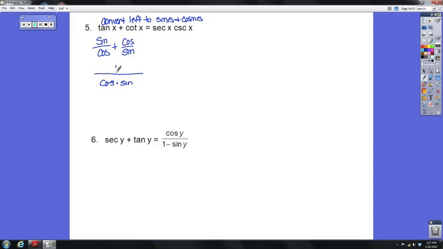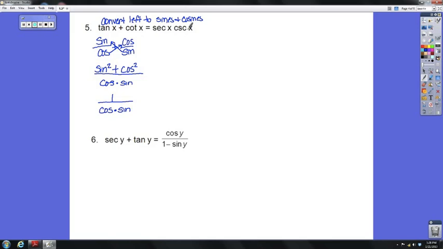This is a plus, I'm going to put a plus. So multiply up and to the left for right here. So that is sine squared. Up and to the right for the right-hand side. So that's cosine squared. Okay, sine squared plus cosine squared is 1. So I have 1 over cosine times sine.